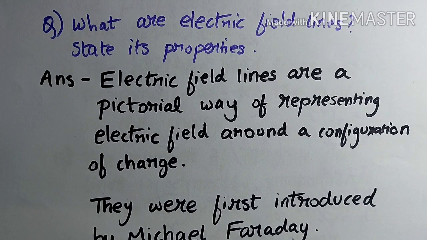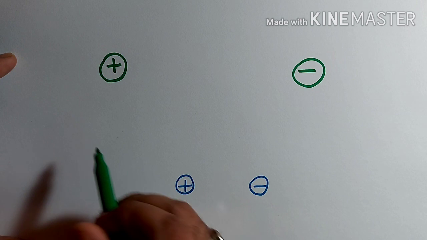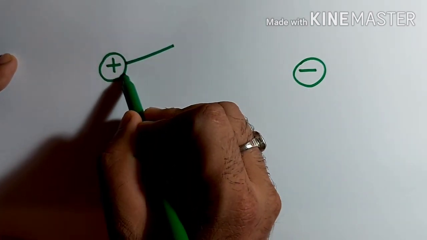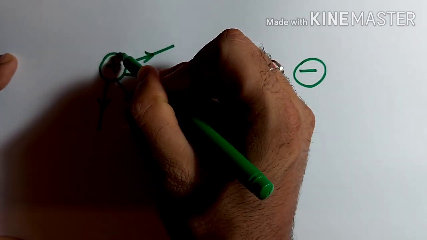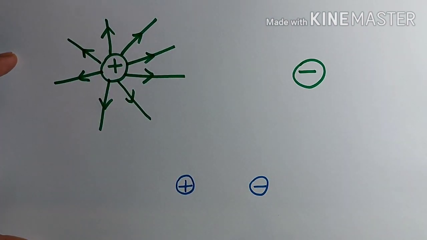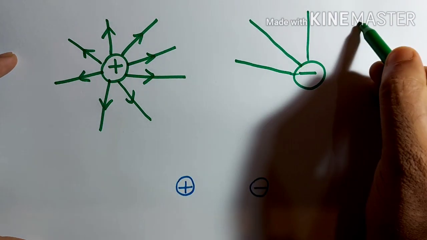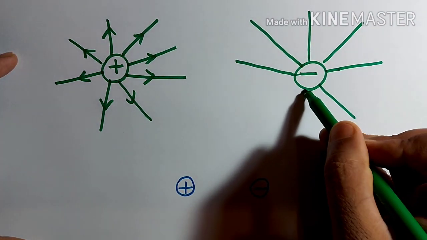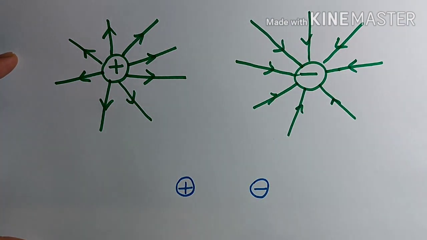It was first introduced by Michael Faraday. Now see, if I have a positive charge, then the electric field lines are drawn like this. The electric field lines appear to come out of the positive charge, and for a negative charge the field lines appear to go inside the negative charge.